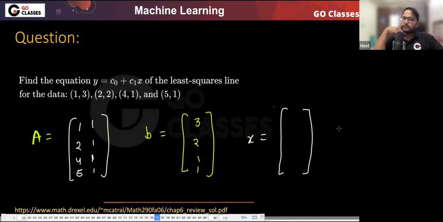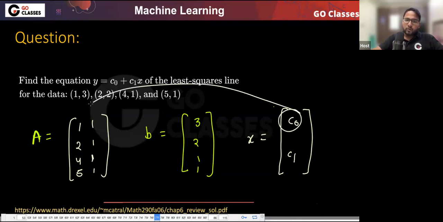Can anyone tell me? Is C0, C1 correct? Actually, C0, C1 will be a little wrong, because C0 is not a coefficient of the data. C0 is the term without a coefficient. So C1, C0 is the correct way of writing X. So basically you have your A, X and B.